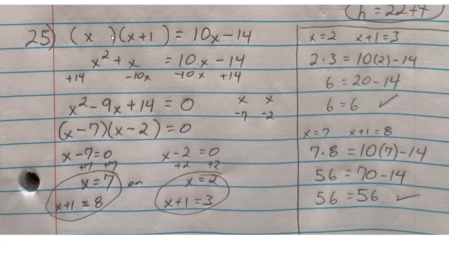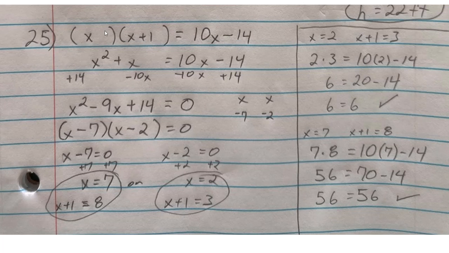All right, and there are 2 consecutive numbers that exist where their product is equal to 10 times the smaller number minus 14, or 14 less than 10 times the smaller number. So this is the mathematical representation of the sentence that was the problem in the book.